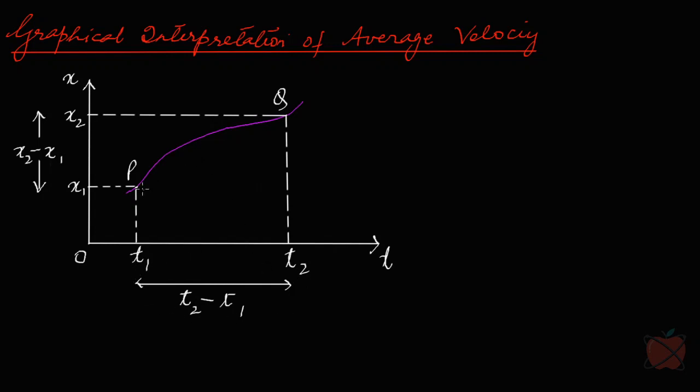When the initial position is P and the final position is Q, we join the initial position to the final position with a straight line so that we get the displacement of the body. So the line PQ basically gives the displacement of the body during this time interval.